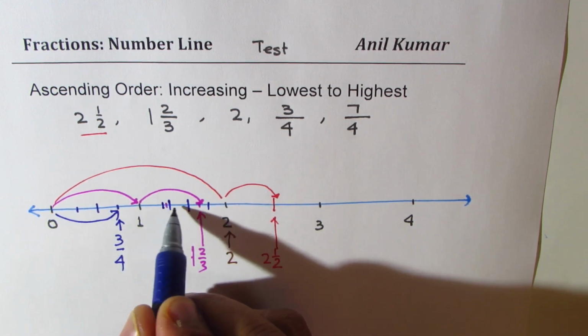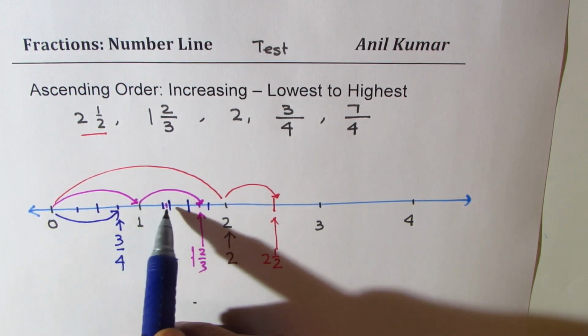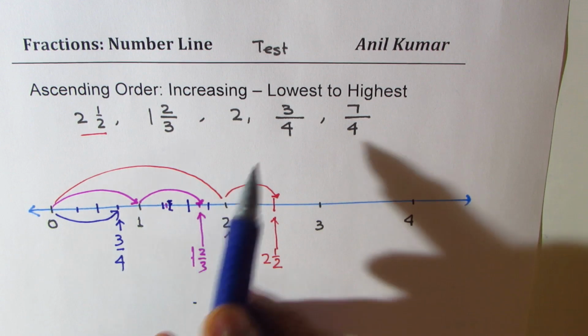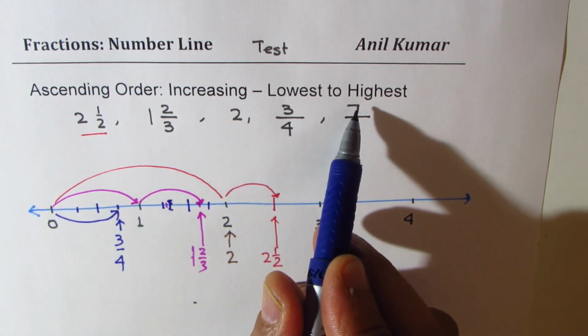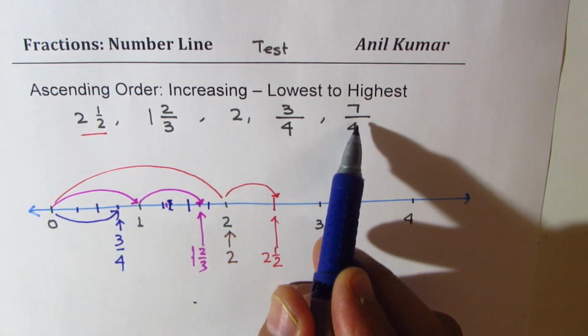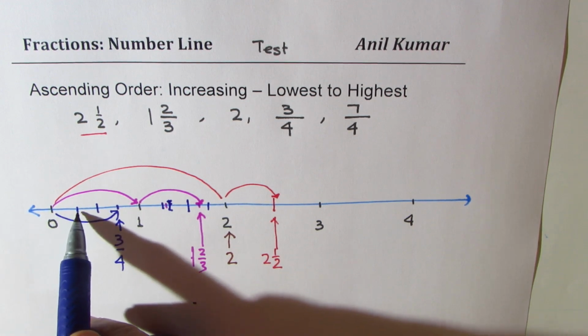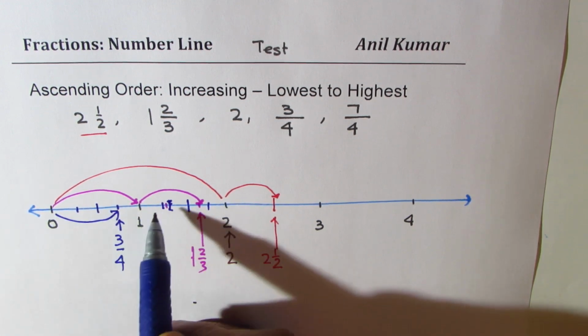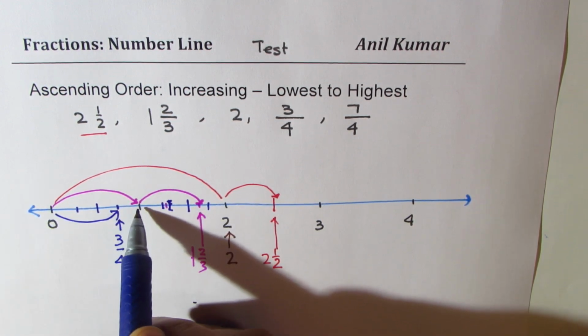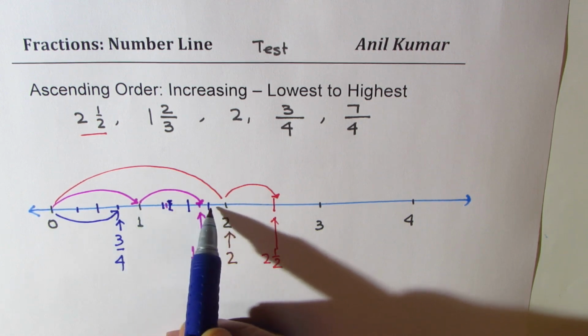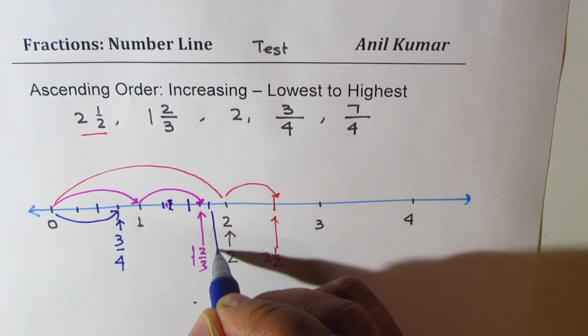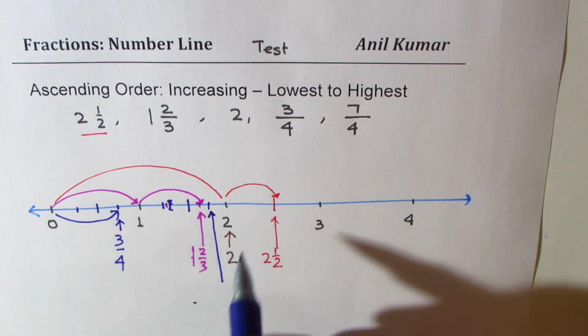So what we get here is 7/4, right? So 7/4 could be 1, 2, 3, 4, 5, 6, 7. So that becomes 7/4.